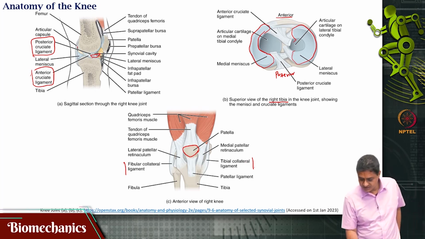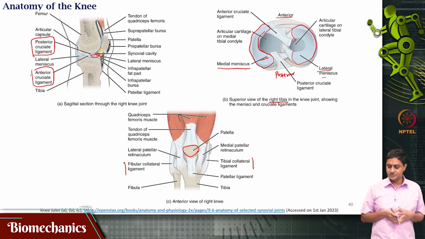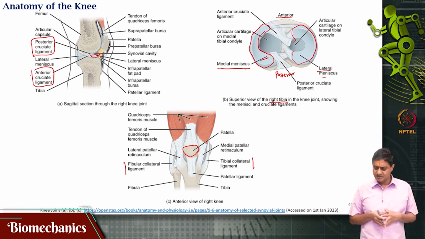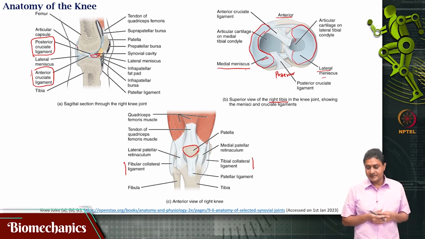Here you see some part of the lateral meniscus, and here you see the medial meniscus, responsible for providing the padding between the two interacting bones.